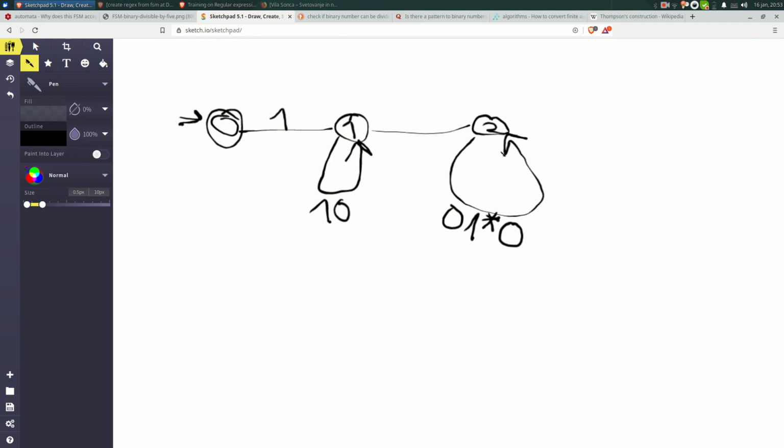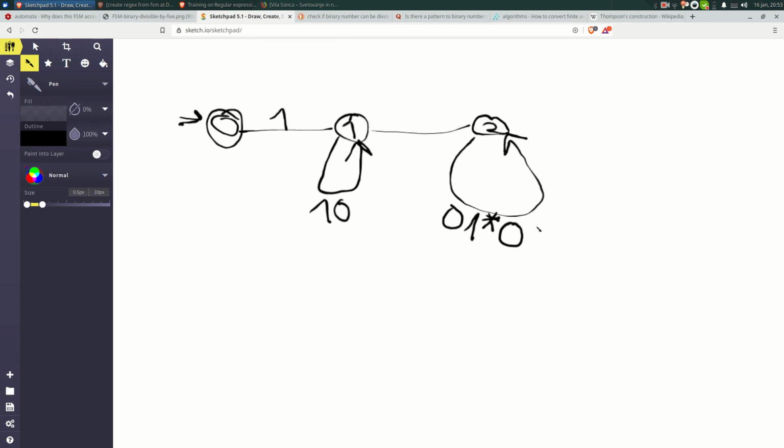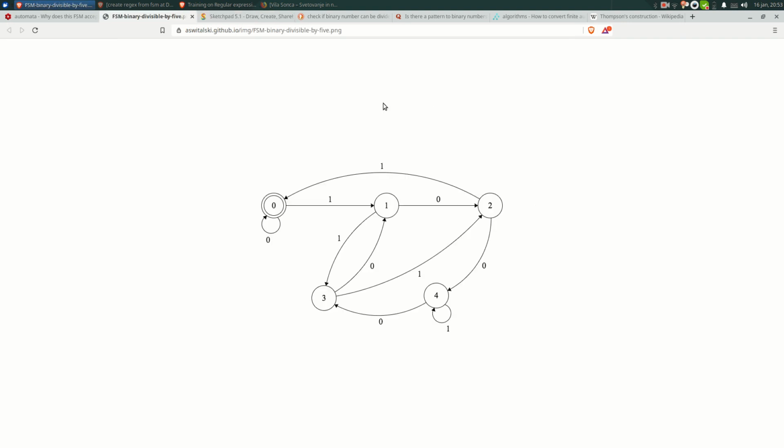But alright, let's do it. So if this is a self loop, this is 0 and then it's 1, it goes back. Or we can also make 2 to 1, it goes like 0, 1 star, 0 and 0.